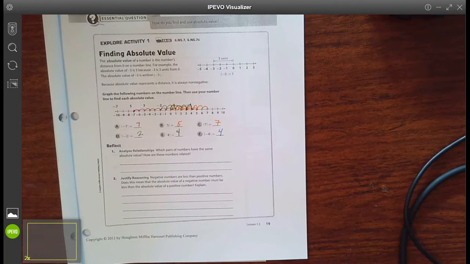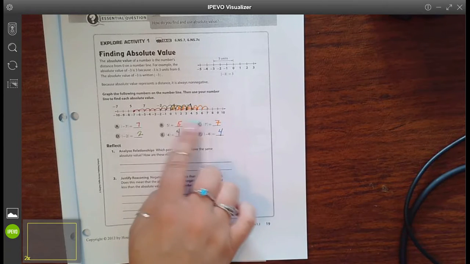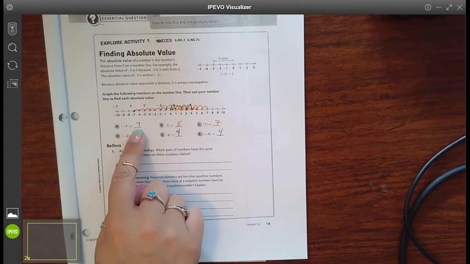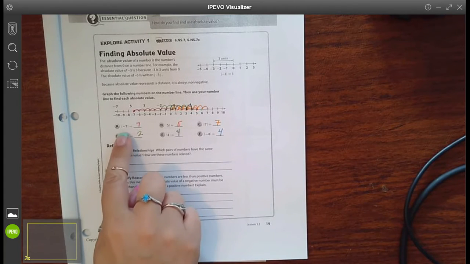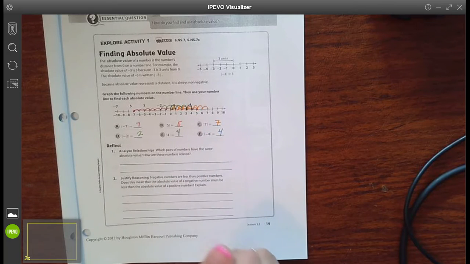The next section says, which pairs of numbers have the same absolute value? And how are these numbers related? Did you find any from up here? Which ones have the same absolute value? Is there any that have the same absolute value of 7? Yeah, this one right here. So the absolute value of -7 and the absolute value of 7 both had the same answer. Any others?